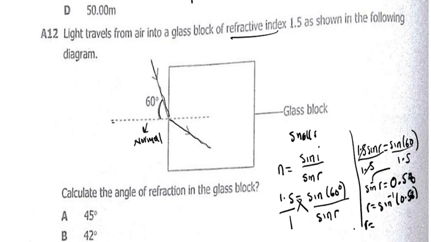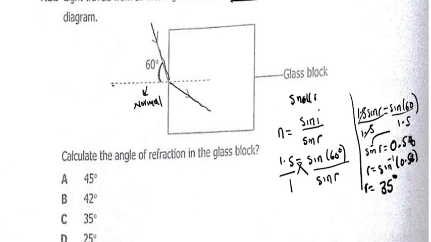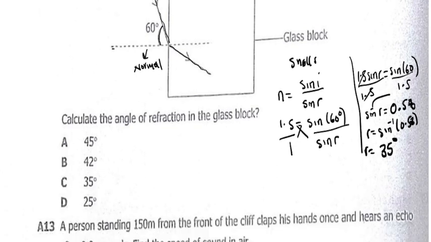I'm getting approximately 35 degrees. So I check the answer choices, and I have 35 on answer choice C. So choice C is the correct option here, 35 degrees.